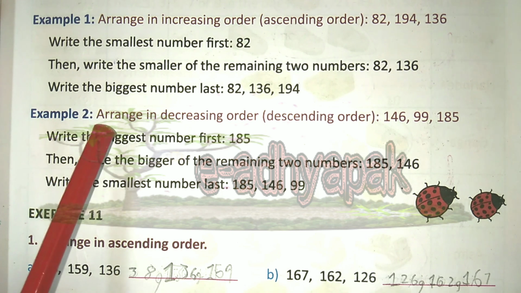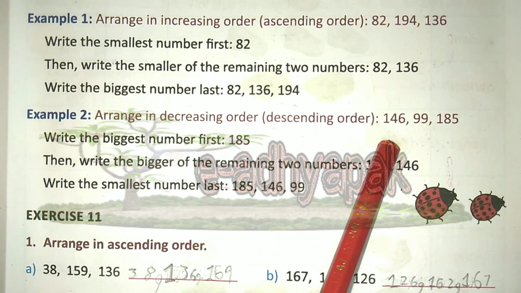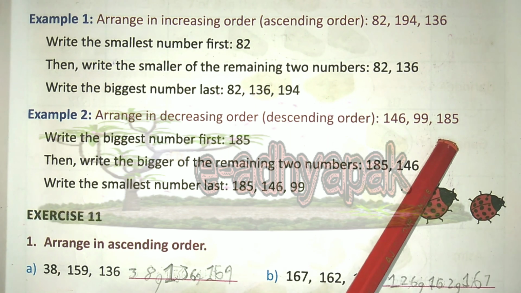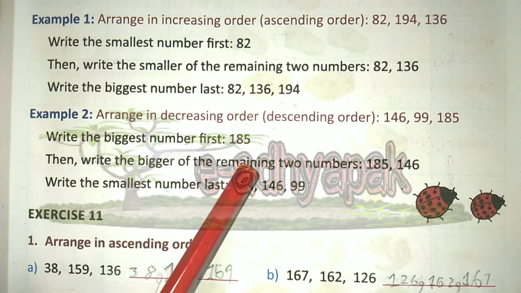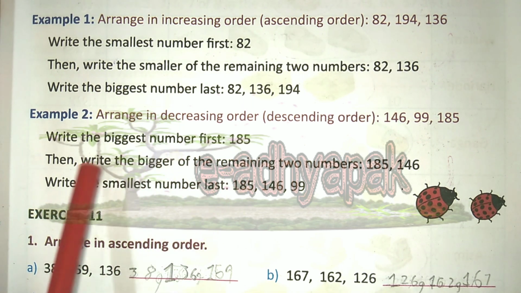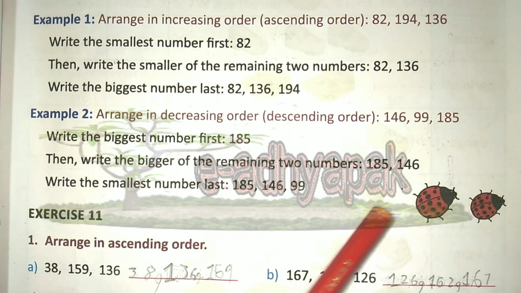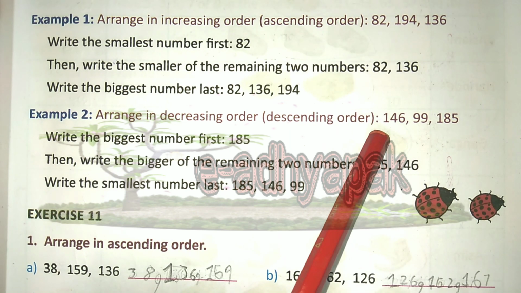Example 2. Arrange in descending order. 146, 99 and 185. First we have to write the biggest number, which is 185. Then we have to write the bigger of the remaining two numbers. The remaining two numbers are 99 and 146.